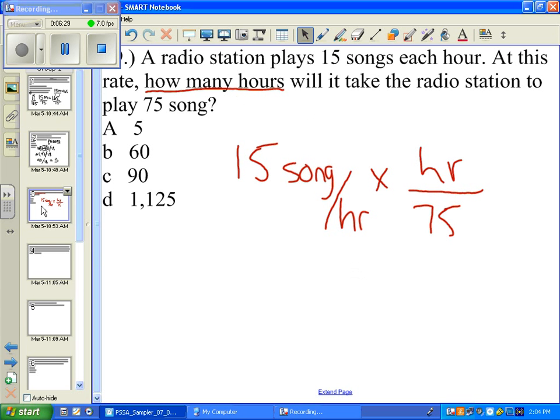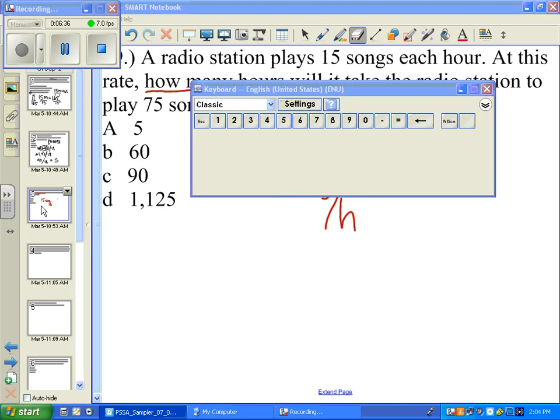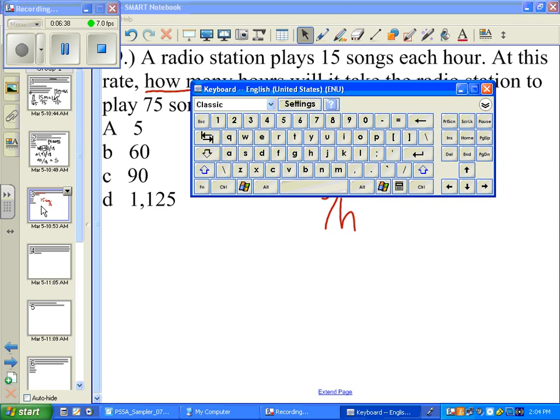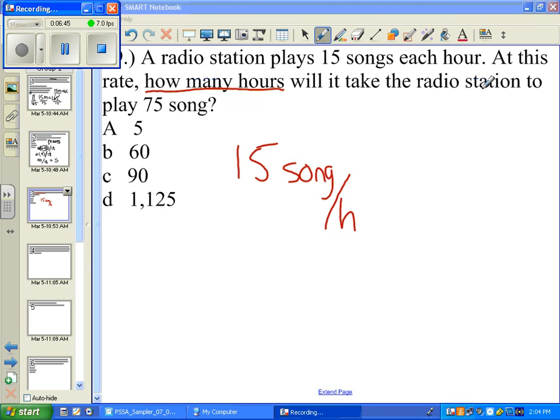Got a problem here with my notation. It's 15 songs per hour. How many hours will it take to do 75 songs?